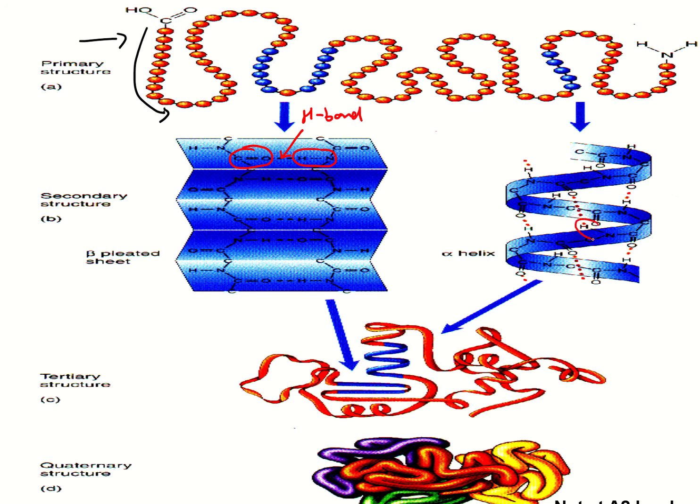There's an NH of one amino acid and the COO of another, and again there's the hydrogen bond, which allows for the secondary structure, the alpha helix or the beta pleated sheet.